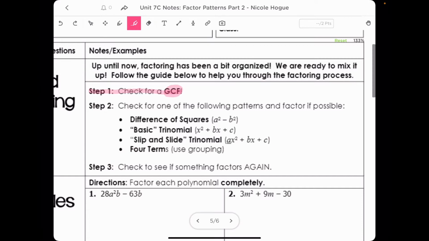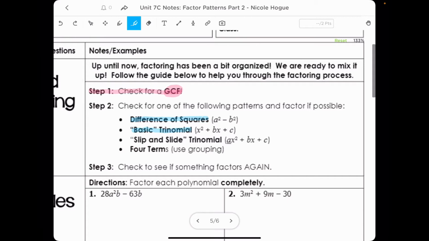of each term. The next step is you then want to check for one of the following patterns and factor if possible. If it's a binomial, you want to check for difference of squares, meaning you are subtracting 2 perfect squares.